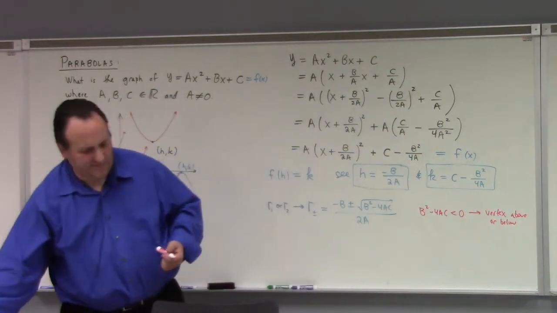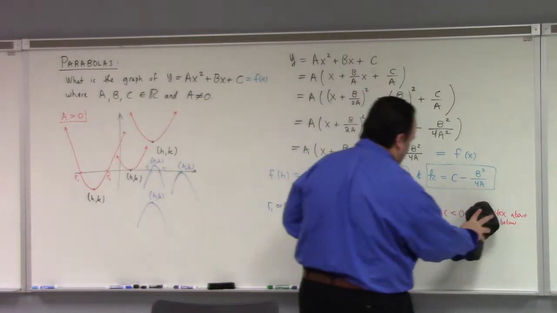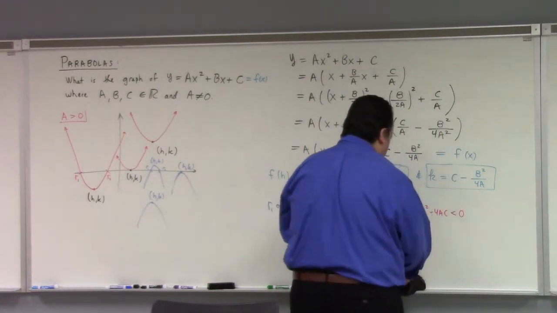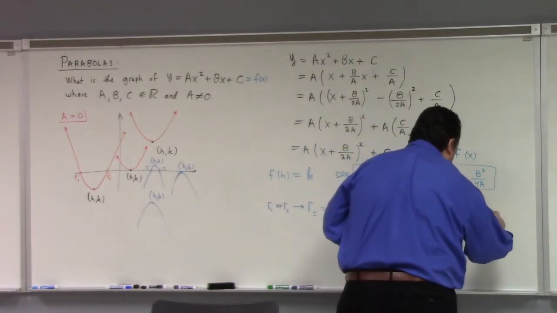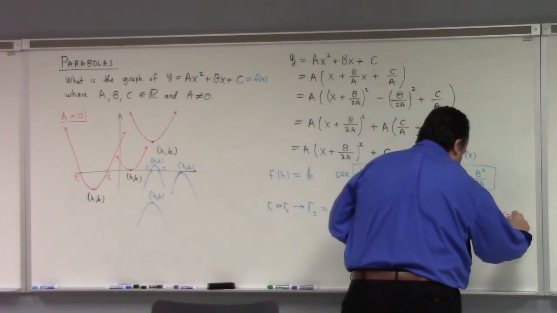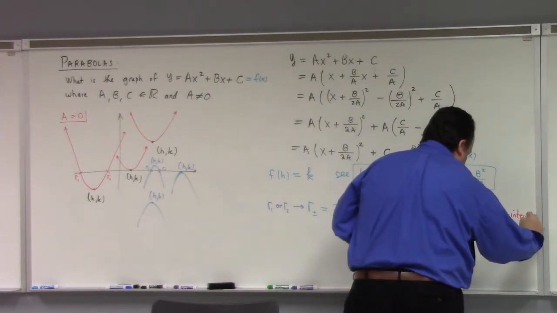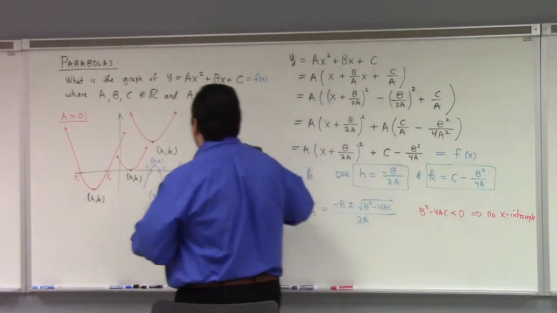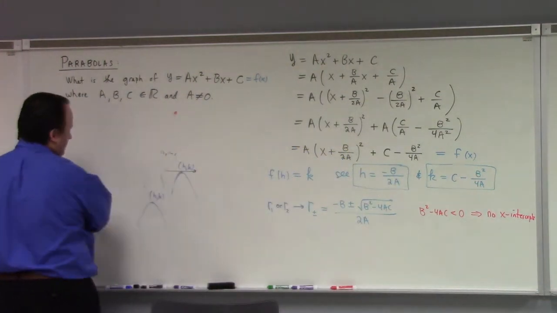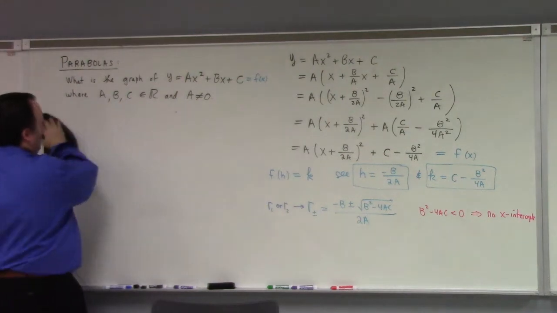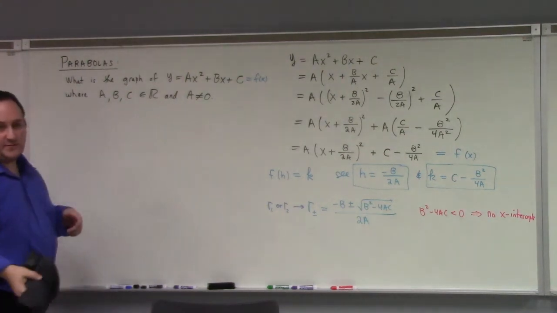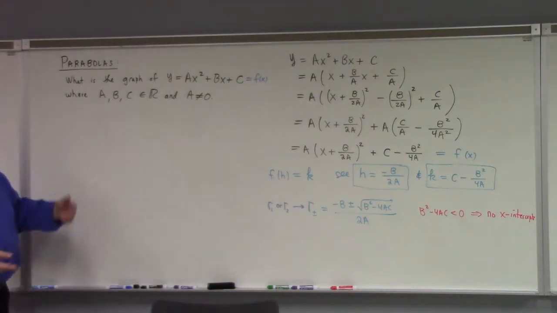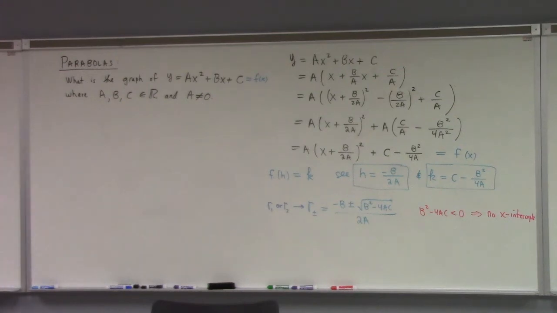If that's less than 0, that means that there's no x-intercepts, okay? No x-intercepts. Let's look at some examples with numbers in them. This is the general formulas for the thing, okay?